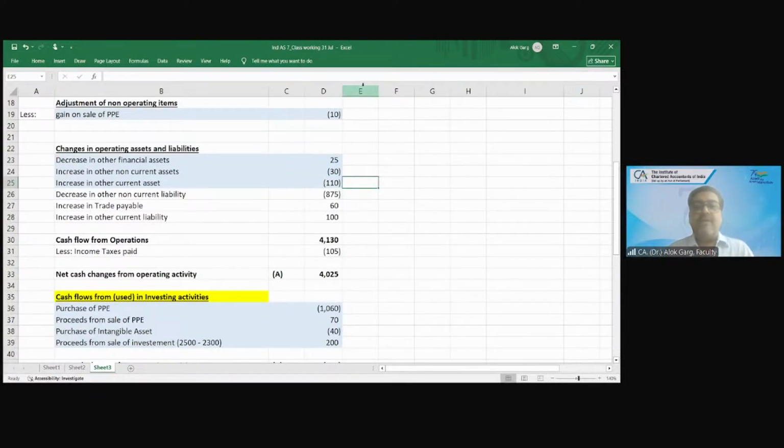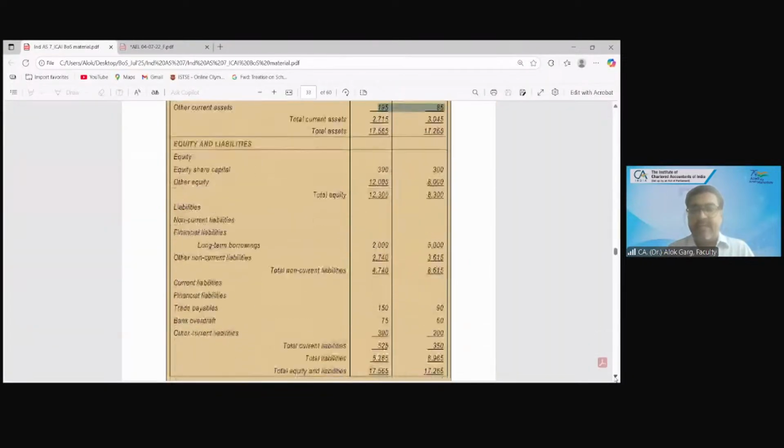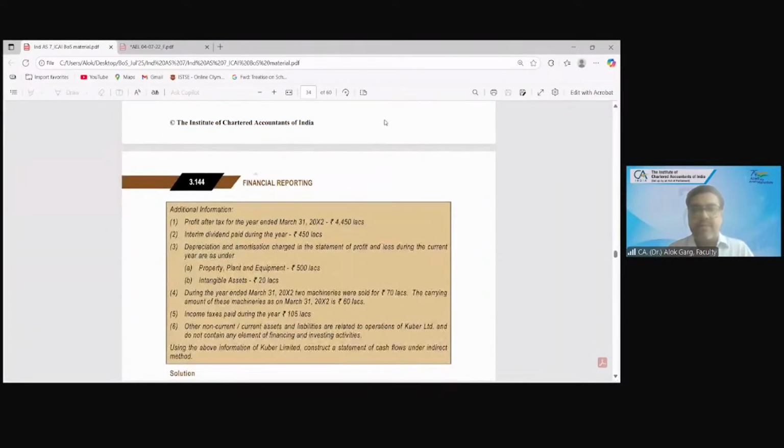Then we have completed the asset side. We have completed profit after tax. The interim dividend we need to take into account. Third point we have cleared, fourth point we have cleared. Income taxes paid: I started with profit before tax, so I'll adjust that also. Other non-current or current assets and liabilities we have adjusted.